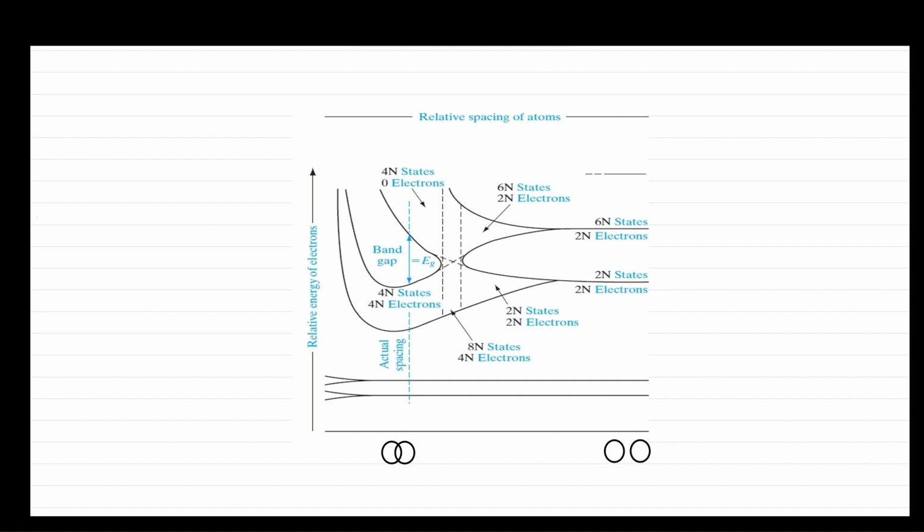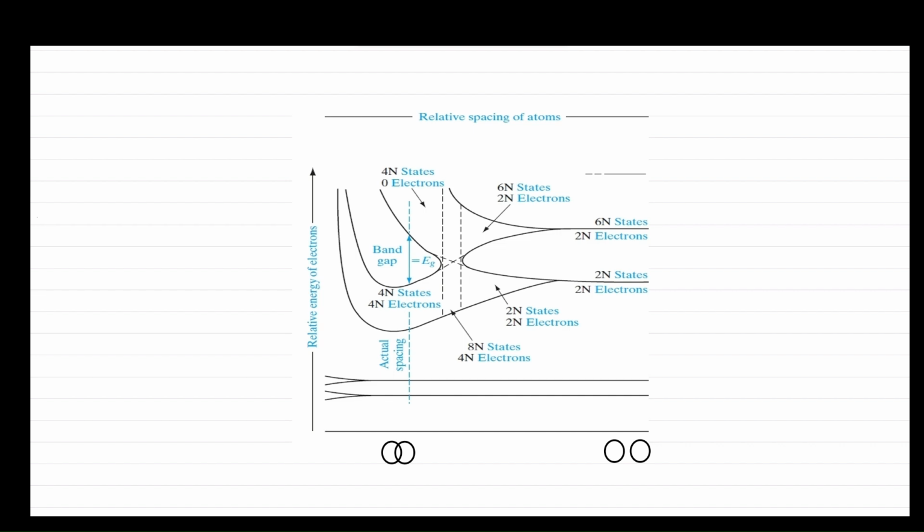But as the interatomic distance is decreased, the atoms will start exerting force on the neighboring atoms. Because of the coupling between the neighboring atoms, the atomic wave functions overlap, and these atoms together constitute an electronic system which must obey Pauli's exclusion principle.